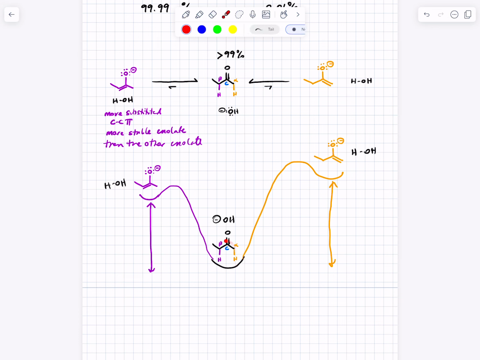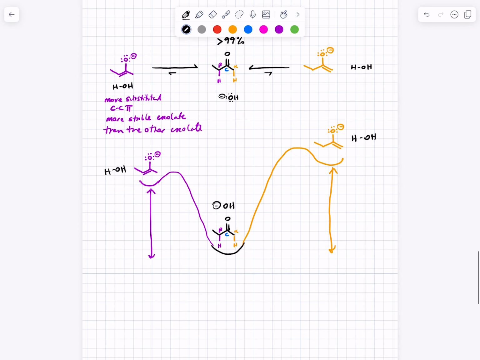Even though 99% of my material is this, of the small amount of enolate that does form, which is present in a larger amount? Purple, present in larger amount because it's more stable. And this is an important principle. We have more of the purple enolate than the orange enolate.